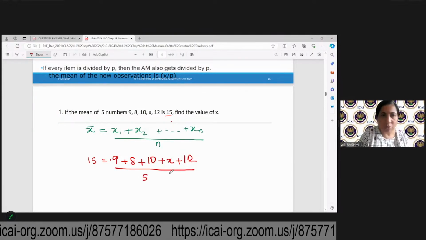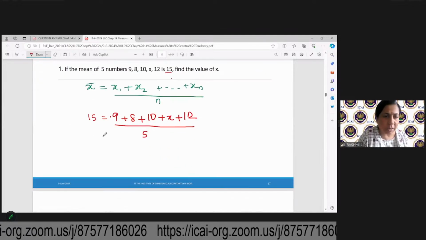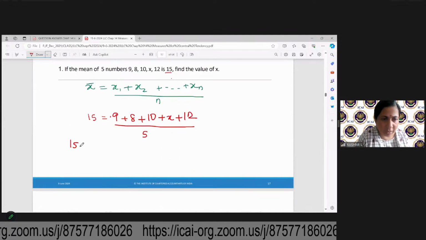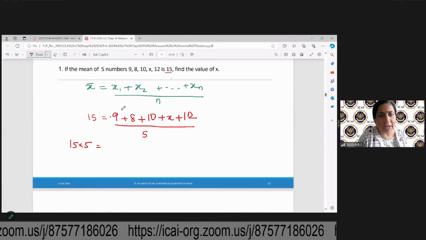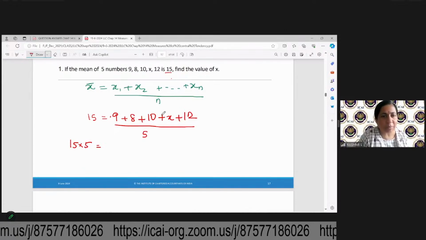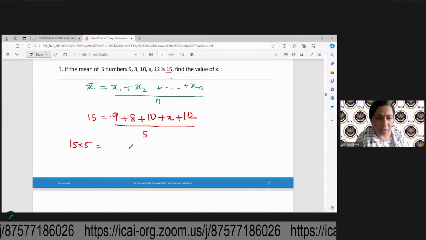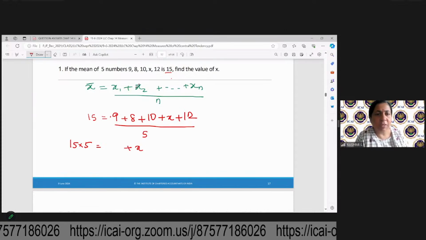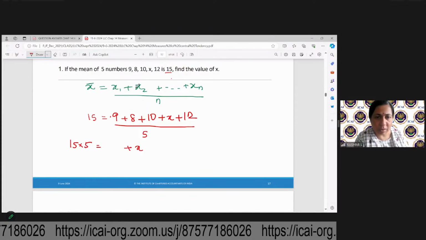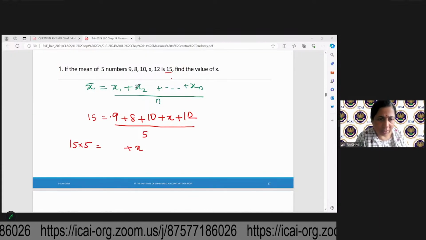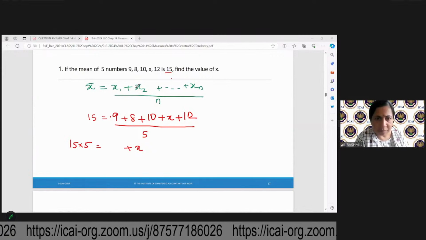So what I must do is cross multiply. So 15 into 5 is equal to, now I will add all the numbers except x. How much is 9 plus 8 plus 10 plus 12? 39.